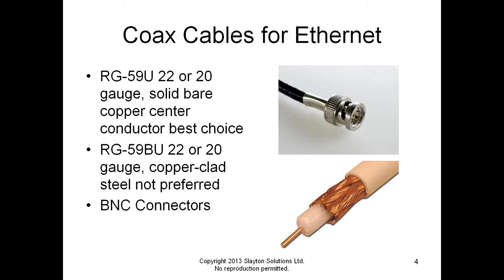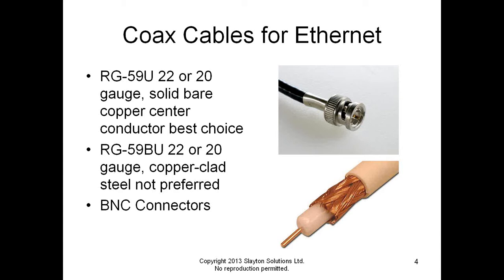That is not optimal, but we also have to deal with the reality. The reality is, to use this technology of Ethernet over coax, we're going to want to use the existing coaxes. So you're going to use what's there, but you need to identify what is there so you can figure out the limitations of those particular cables. And we're going to talk about how to measure that in a little bit.